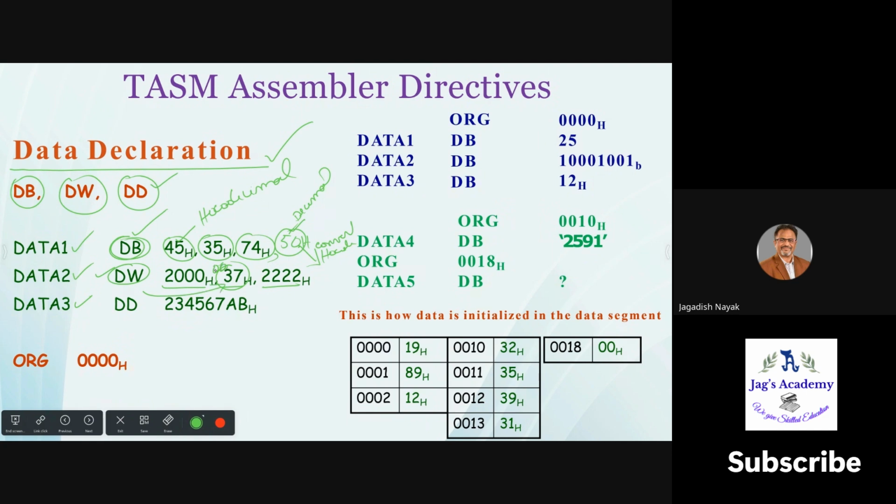It is 00. Okay. Now, double word means 32-bit. Double word, see, 2 words are there. Okay, it is declared like this. Now, see, these data are supposed to be stored in the memory in a continuous memory location.